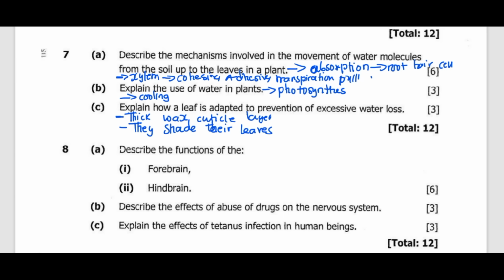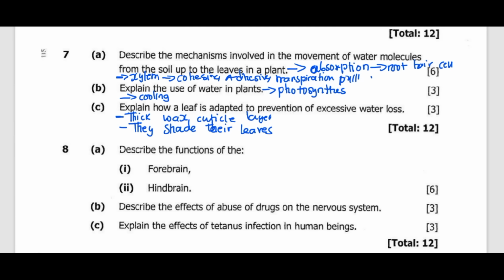The reason why, in seasons where it is not rainy, you'd find that most of the plants shed their leaves, is to reduce the process of transpiration, and we know that transpiration is the process that makes water be lost through the plant.